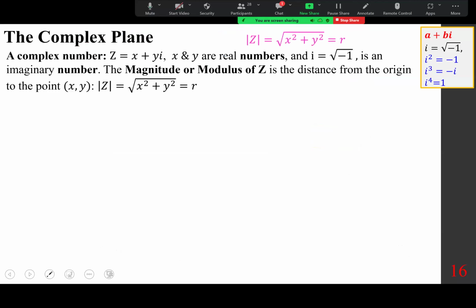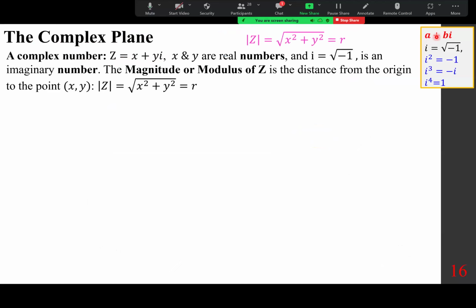I want to look at one more thing that we will look at with more details later, but just to give you an idea, the concept of a complex plane. A complex number z equals x plus yi instead of a plus bi.